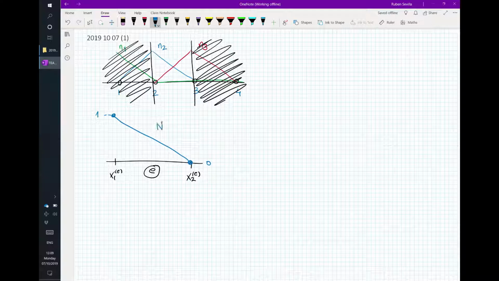So N1, I'm going to use the same notation, capital. How do you build it? Well, the two things that we knew about this shape function is it's going to be 1 in the node x1 and 0 in the node x2. The easiest thing to do is to say it's going to be something like x2 minus x. Because if I insert x equals to x2, this will cancel. Agree?